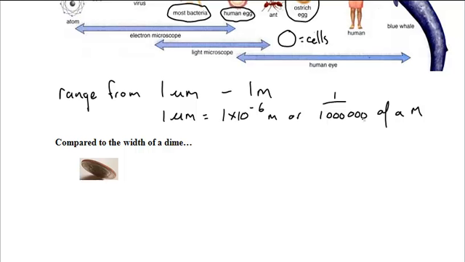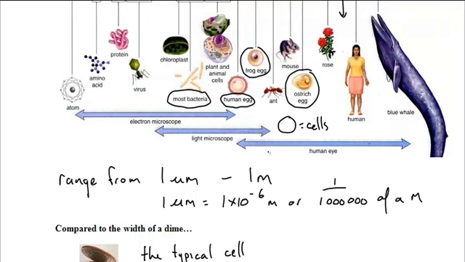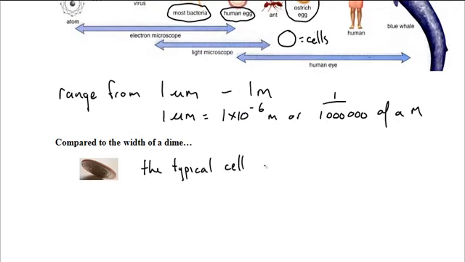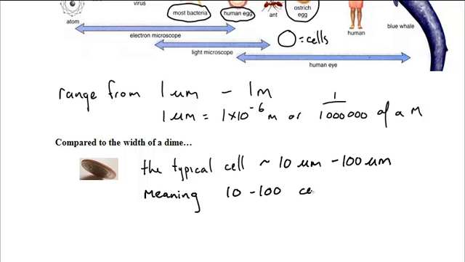Now if you compare it to the width of a dime, the typical cell is usually about 10 micrometers to 100 micrometers, meaning 10 to 100 cells can fit across the width of a dime.